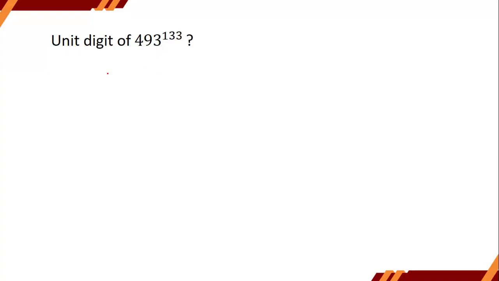Now, one thing before we go further with this question is that the unit digit of 493 power of 133 is the same as the unit digit of 3 power of 133, right?